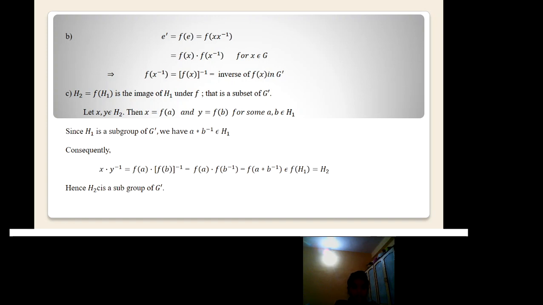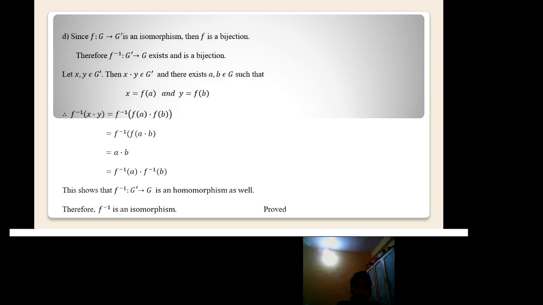Consequently, we can say that x into y inverse equals f of a into f of b bracket inverse equals f of a into f of b inverse equals f of a star b inverse. This implies that f of a star b inverse belongs to f of H1 equals H2.